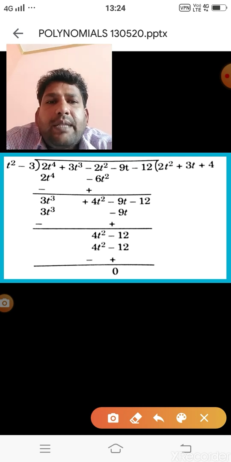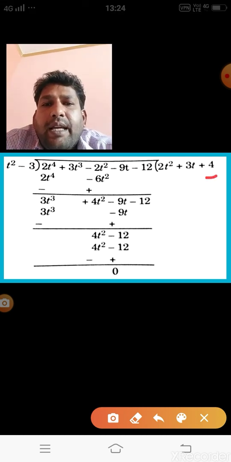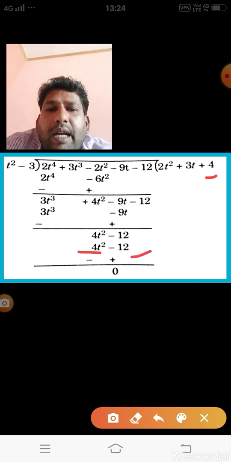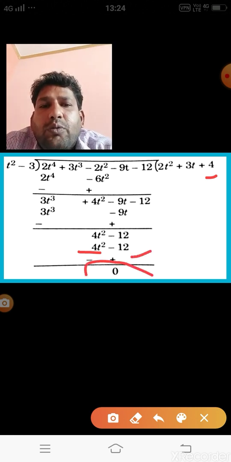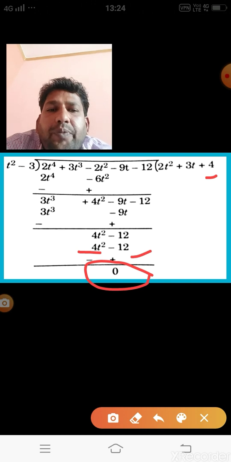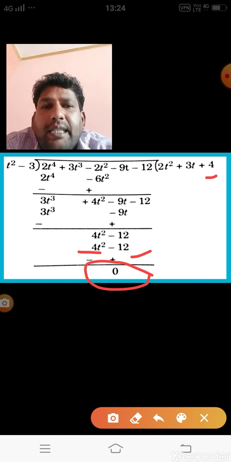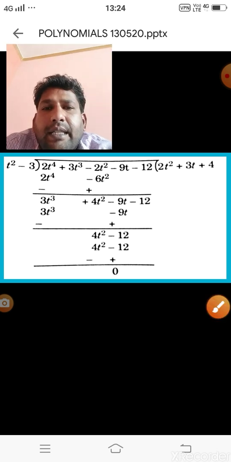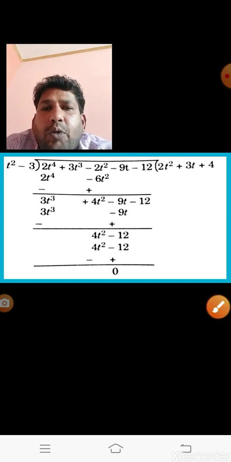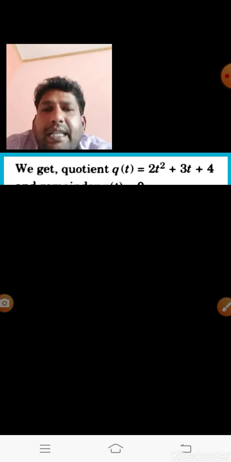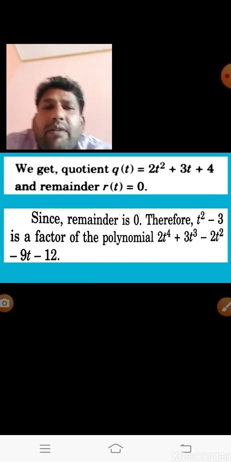This time I am taking the quotient as 4, and on multiplying we get 4t square minus 12, and on subtracting these two we get the remainder as 0. And this we know: if you get the remainder as 0, then of the given two polynomials g(t) and f(t), g(t) is a factor of f(t).